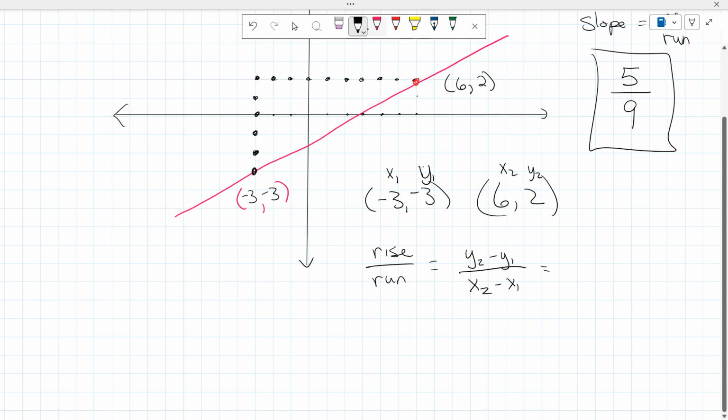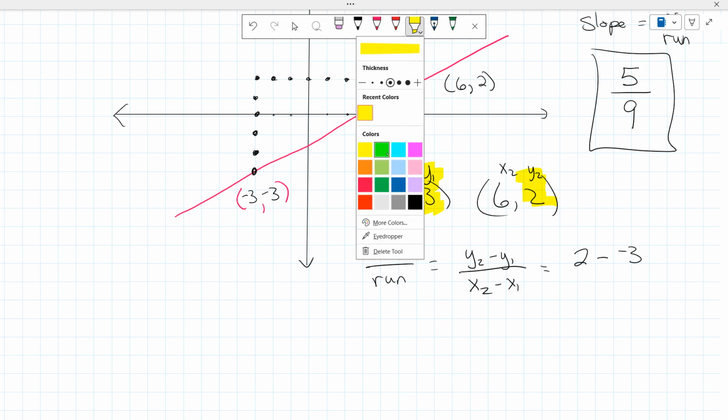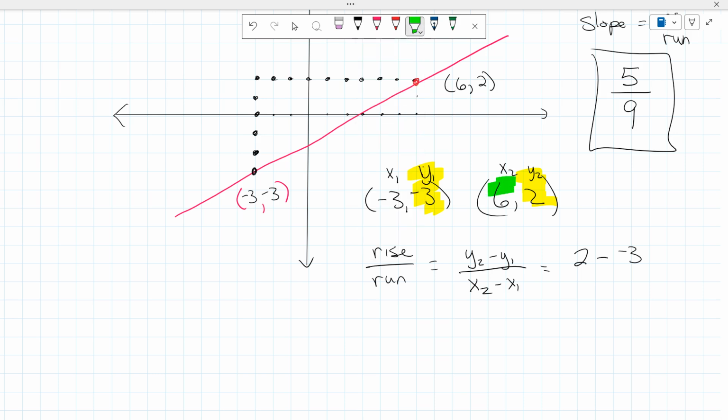So if I take y2 minus y1, what I'm doing is taking 2 minus a negative 3. And then if I take x2 minus x1, I'm taking 6 minus a negative 3.